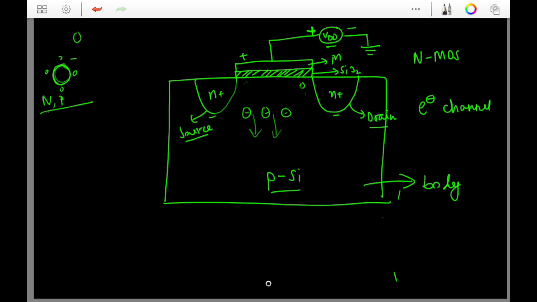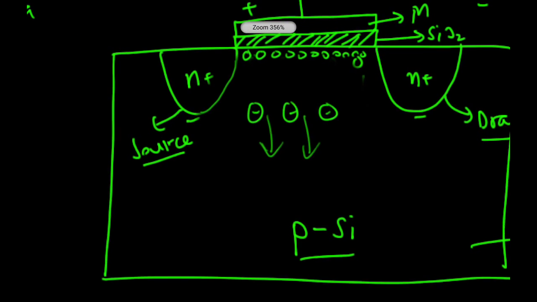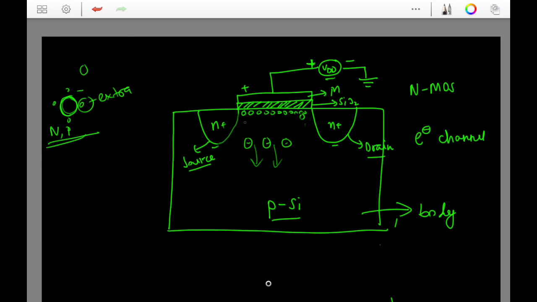At some point the field increases so much that these electrons are attracted towards the oxide layer. But they cannot travel through the oxide layer. Why is that? Because oxides are insulators. They have very high resistivity, because of which they cannot conduct any current. So these electrons get attracted here, and they just stop there.